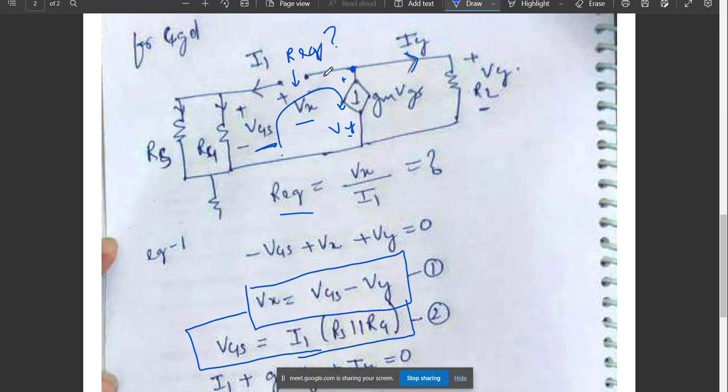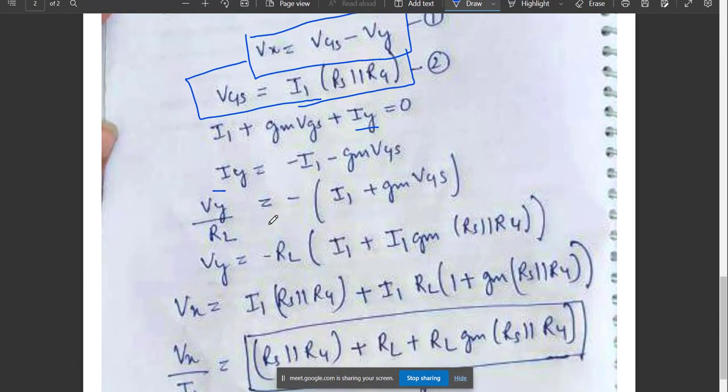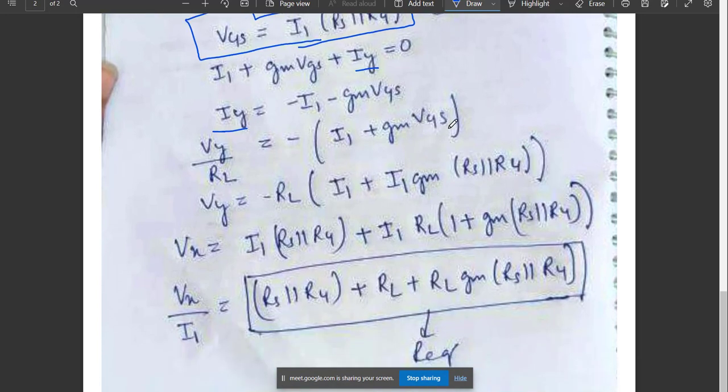Here I have taken going away from the node as positive. Now we'll put the value of IY. So IY is equals to minus I1 plus GMVGS. IY is equals to VY by RL, as we already know.